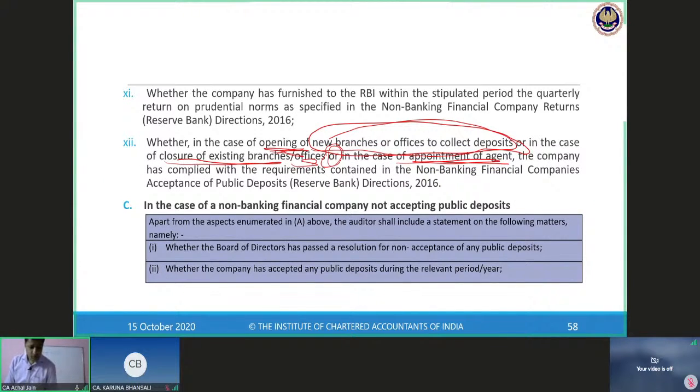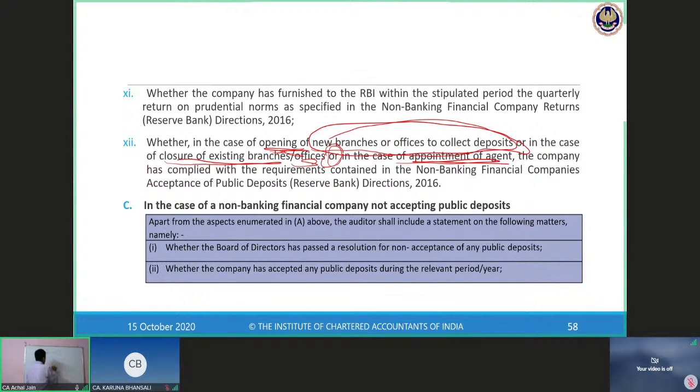Because so many points have been discussed, it may lead to a confusion as to which one will get covered under which type of NBFC. We discussed that A will apply to all NBFCs. Correct?